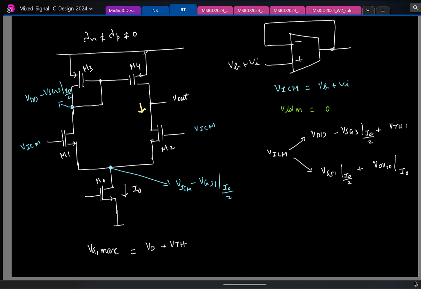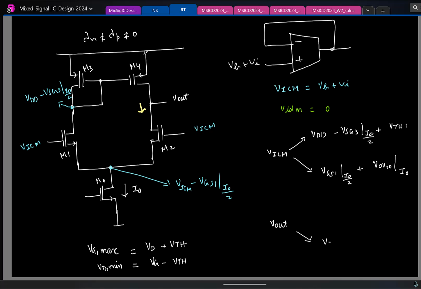And what is the minimum the drain voltage can drop to? For an NMOS transistor, the minimum drain voltage can go is what? VG minus. And what is the gate voltage here? VICM.